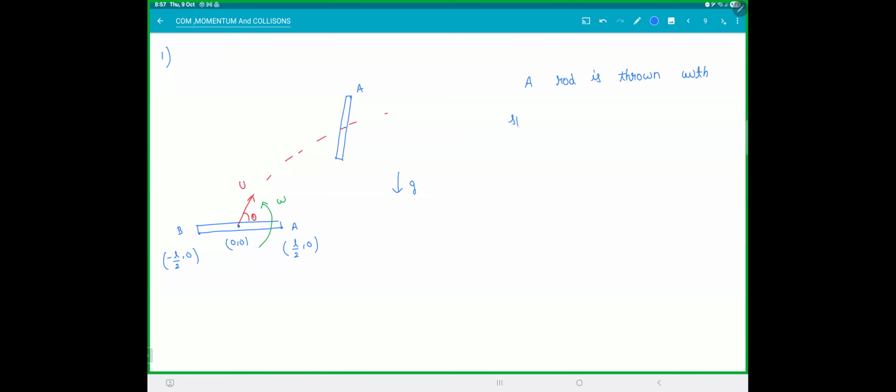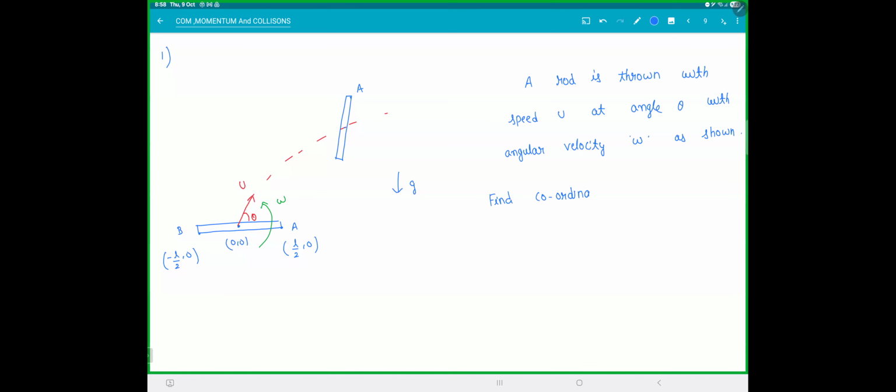A rod is thrown with speed u at angle theta with angular velocity omega as shown. Find the coordinates of point A at time t.